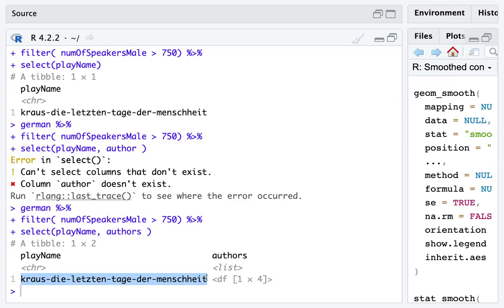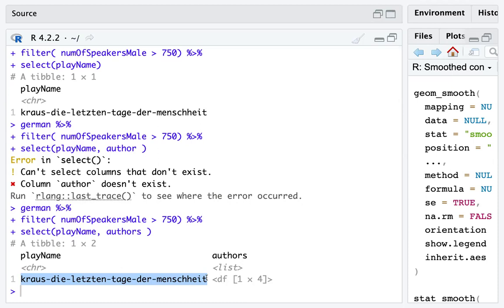So this play is actually The Last Days of Mankind, of Kraus. It's a satirical play. Okay, nice to know.